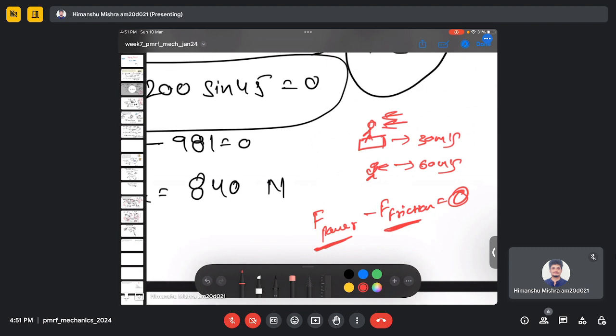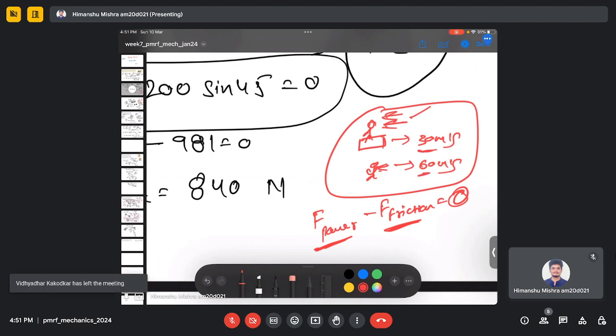It's only that from the ground your wheels get affected by this force, and in this scenario you get affected by the other force. But in both cases there will be a resistance. This resistance is different when you are moving with 30 and when you are moving with 60 meters per second. It's not only that you are increasing the power, there is also a change in air resistance as well.